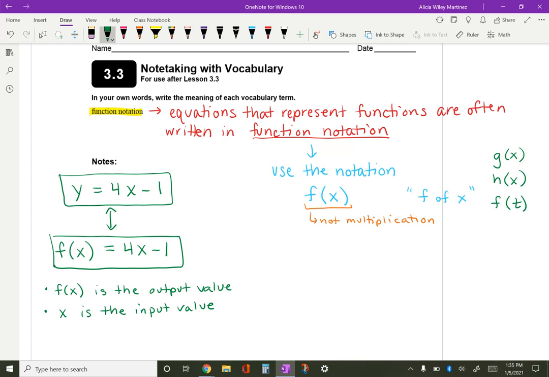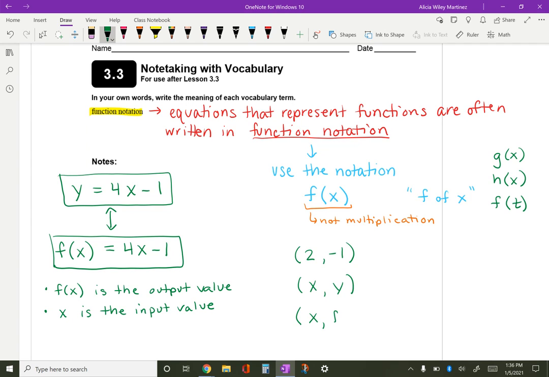So how can we compare this to something we know, like an ordered pair? If we think of an ordered pair, just to pick something, I don't know, 2, negative 1. One thing that we know is that an ordered pair is x comma y, but when it comes to function notation, instead of a y, we have an f of x.